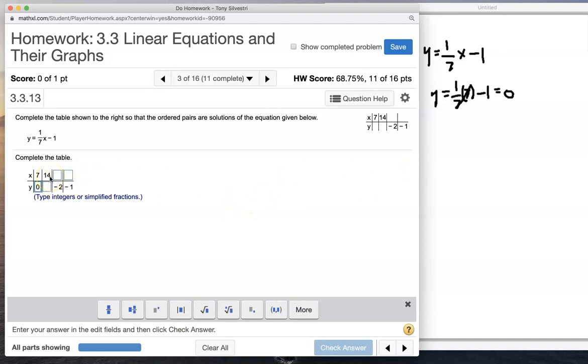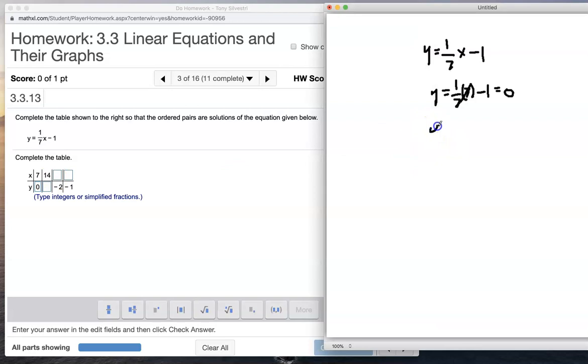When x is 14, 1 over 7 times 14, plug it in, minus 1. 7 goes into 14 2 times. 2 times 1 is 2. So that's going to be 2 minus 1 is 1.